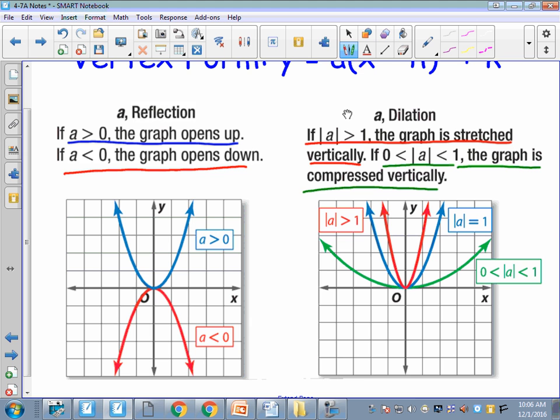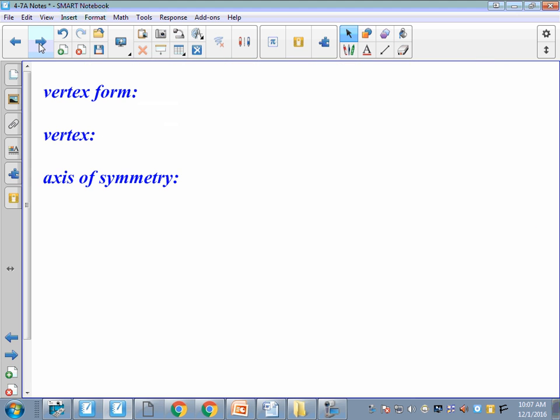So the green may be like when a is equal to 1/3, where the red may mean when a is equal to 3, if you want some values like numbers. If it was a negative 3, it would be the same width, but just upside down. So it would match that same graph. So today we're just kind of getting used to that form and then being able to pick out all this information. Before we even graph it, we should be able to tell what it's like compared to the parent.